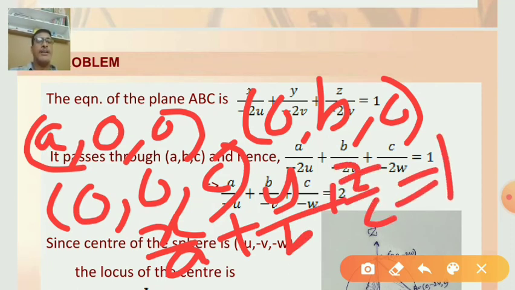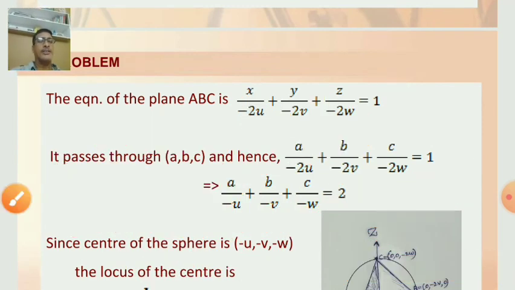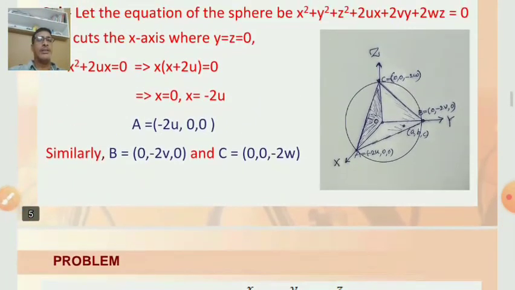In a similar way, here A is (minus 2u, 0, 0), B is (0, minus 2v, 0), and C is (0, 0, minus 2w).